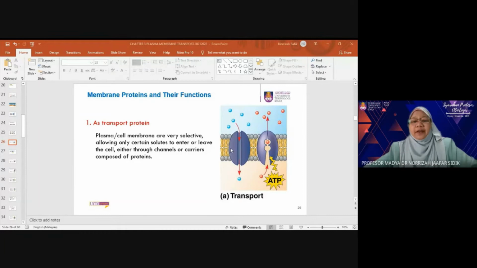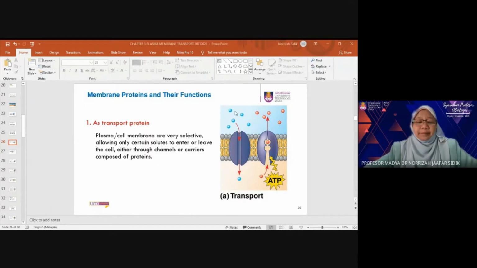Plasma membranes are very selective. They only allow certain solutes to enter or leave the cell. So they have the channel here. A channel is like a tunnel where certain solutes can move in or out.